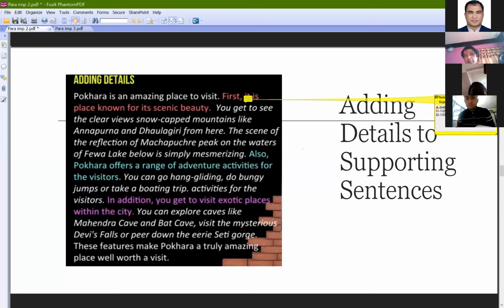Pokhara is an amazing place to visit. Why is it an amazing place to visit? Reason number 1, reason number 2, reason number 3. Then you move on: it is also adventurous. Why is it adventurous? Then you support that as well. All the sentences that follow the first sentence are supporting the first sentence. This is how we construct a paragraph, and this is how we prepare an essay.